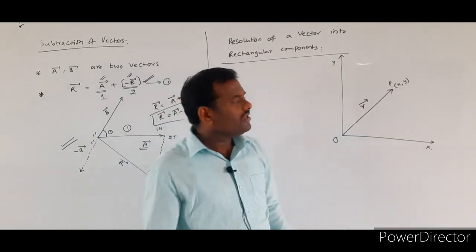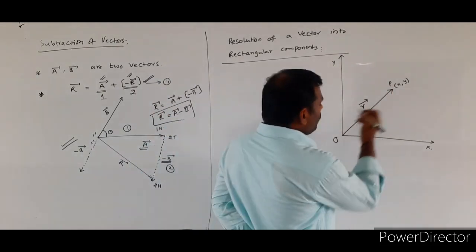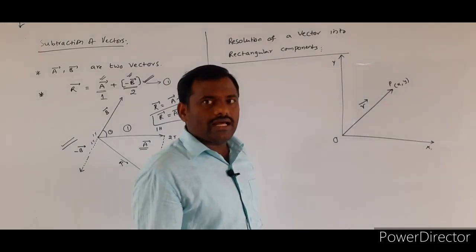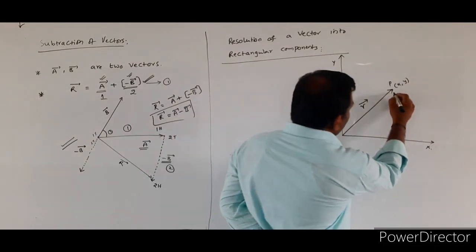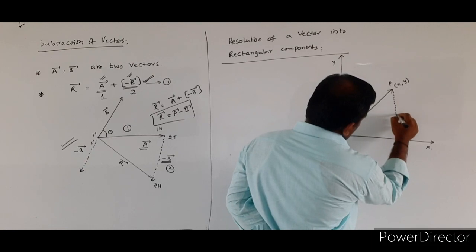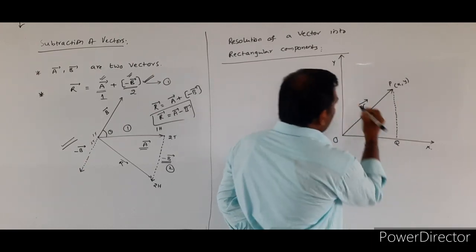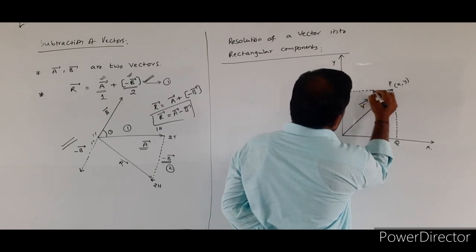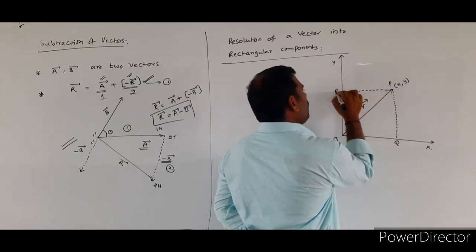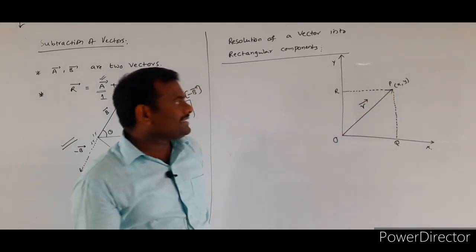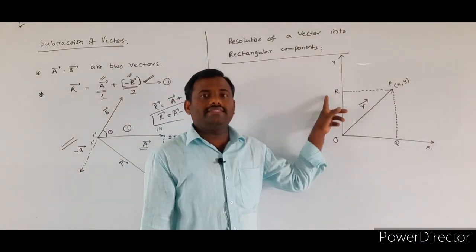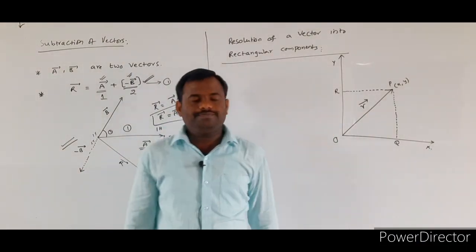So here, once you represent the position vector r bar, from the point P, I am drawing two normals onto the x-axis as well as the y-axis as shown in the figure.